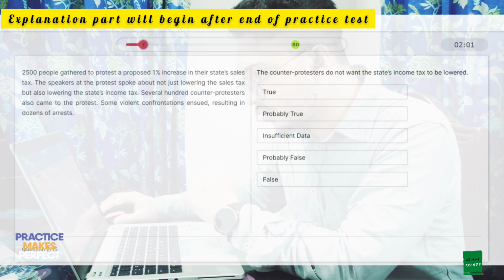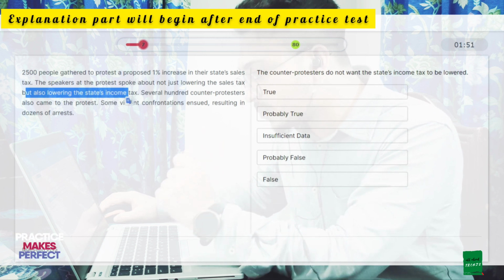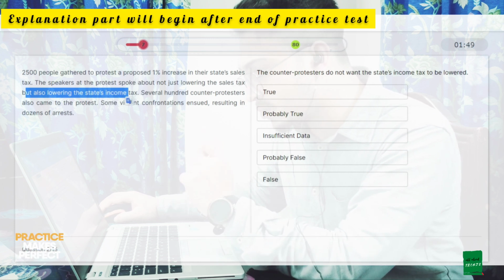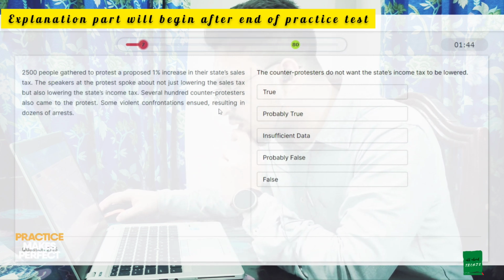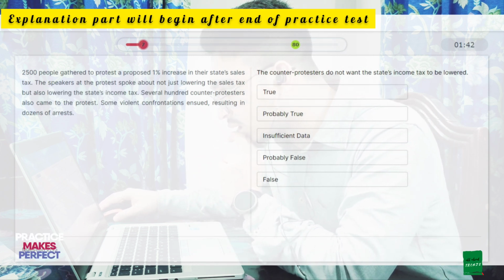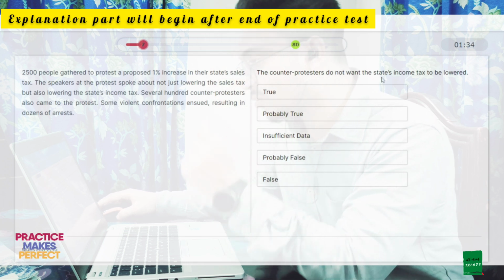The second question: in 2015 a number of people gathered together to propose increasing sales tax for spenders, but not just that, also lowering the state's income tax. Several hundred counter protesters also came to the protest. Some violent confrontation ensued. The statement says that the counter protesters do not want the state's income tax to be lowered.